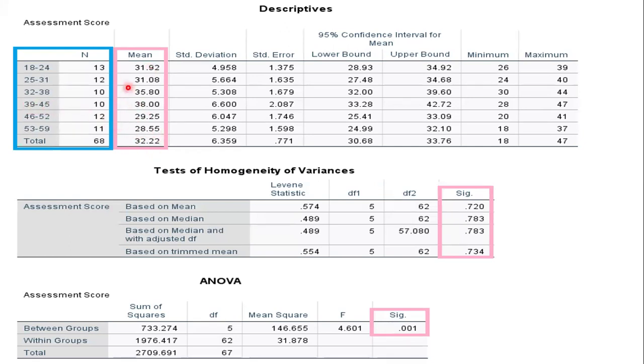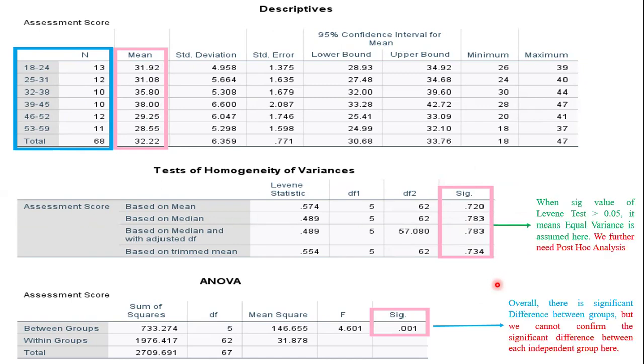Are these differences between different age groups regarding the popularity of TV program significant or not? But before deciding it, you need to see the second table. You would find out that when the sig value of Levene's test is greater than 0.05, it means equal variance is assumed here.